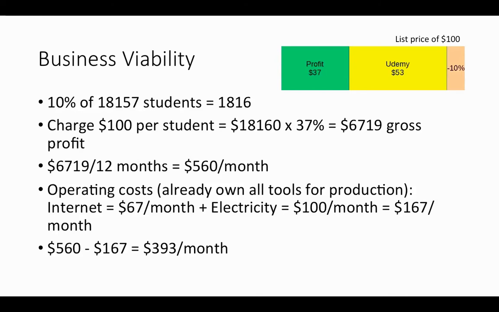So very conservatively, if I were to take that initial number of a little over 18,000 students who are currently consuming and paying for game design related content on Udemy, if I were to capture a mere 10% of that number, and if I can deliver a course that would amount to a value of $100 per student, and then factoring in the revenue split plus the cost of the payment processing, that leaves me with roughly 37% gross.